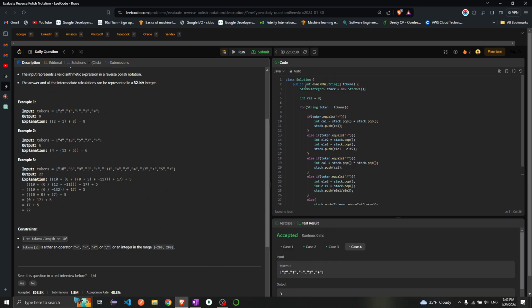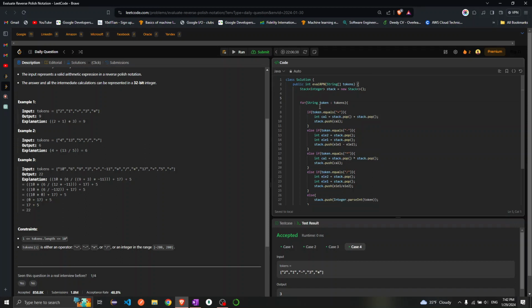So this is the code. Initially I'm just creating a stack. I'm traversing through the tokens that were given, and if the token equals plus, I'm calculating the value stack.pop plus stack.pop.